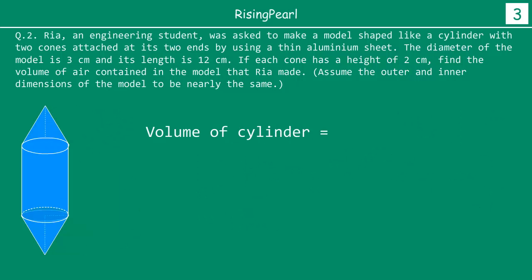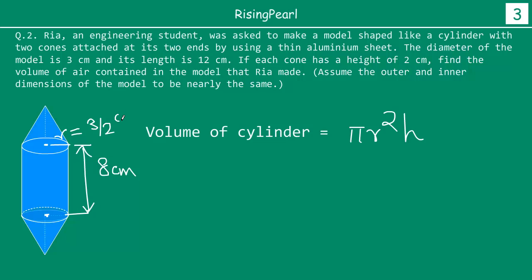Now similarly, we can find out the volume of the cylinder. The formula for the volume of a cylinder is pi r square h. We know r is the radius, which is given to us as 3/2 or 1.5 centimeter, and the height of the cylinder is 8 centimeter.